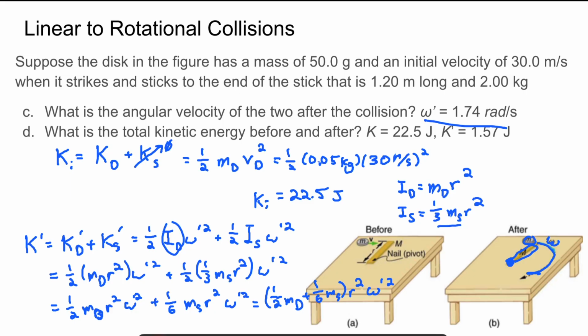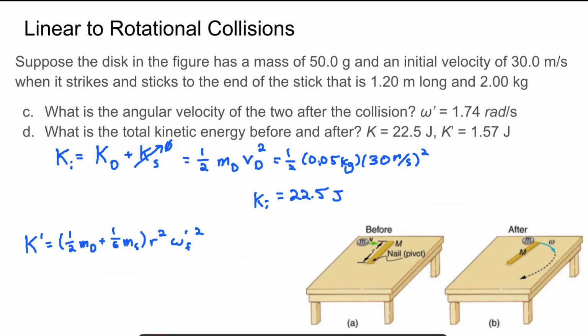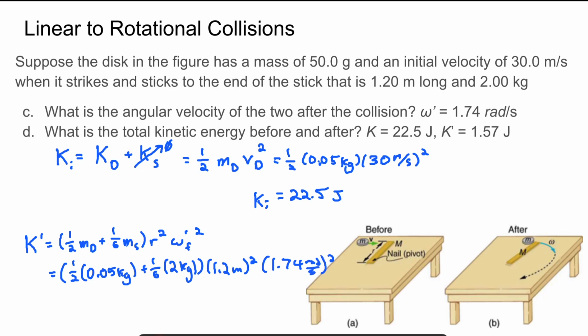So let me erase some things. Okay, if we clean that up a little, we've got the expression we just found, so we can plug in some numbers. That's 1/2 times 0.05 kilograms plus 1/6 times the mass of the stick, which is 2 kilograms, all multiplied by 1.2 meters squared, times the angular velocity we already found, 1.74 radians per second, also squared.